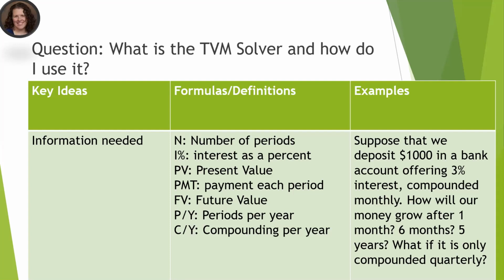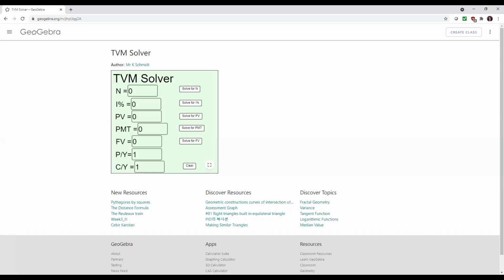I'm going to start by showing you the solver. So this is our solver. If you look in the comments on the video, there's a link to it. We're going to fill in the information from the problem. I'm going to go back and forth between the problem and the solver so that you can see what we have going on.